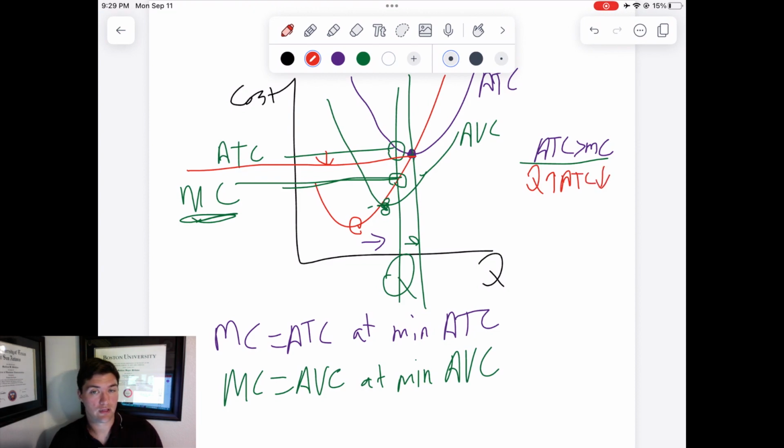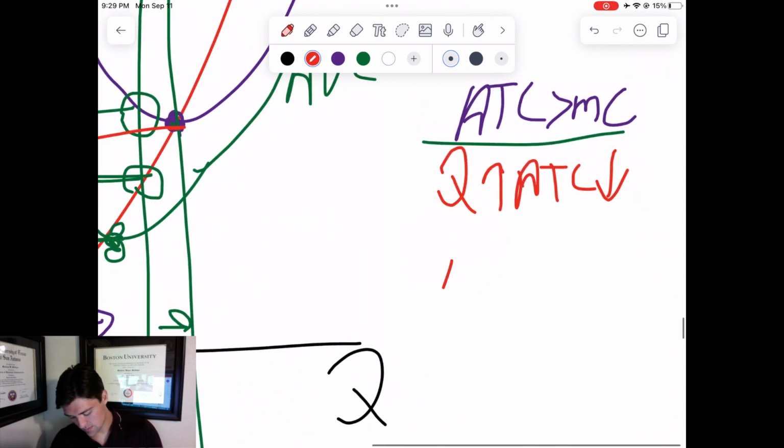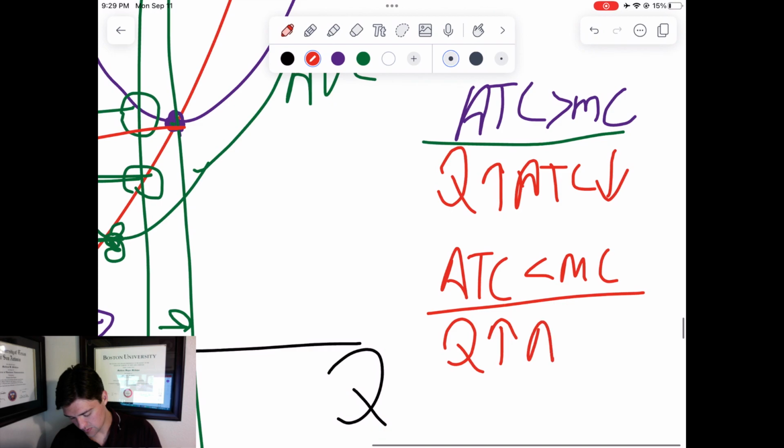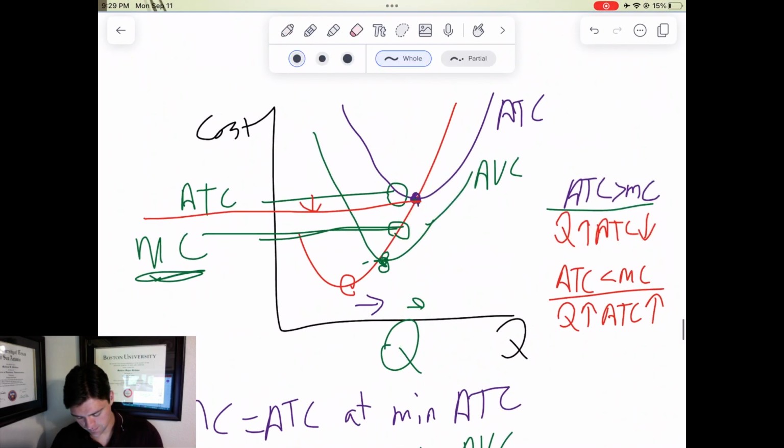When they're flipped, it's going to be flipped. So when ATC is less than the marginal cost and quantity were to go up, ATC were to increase. And let's see that in action here. Okay.